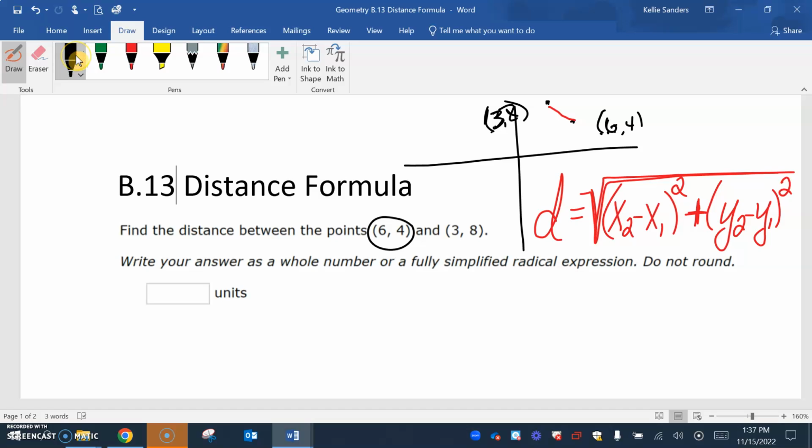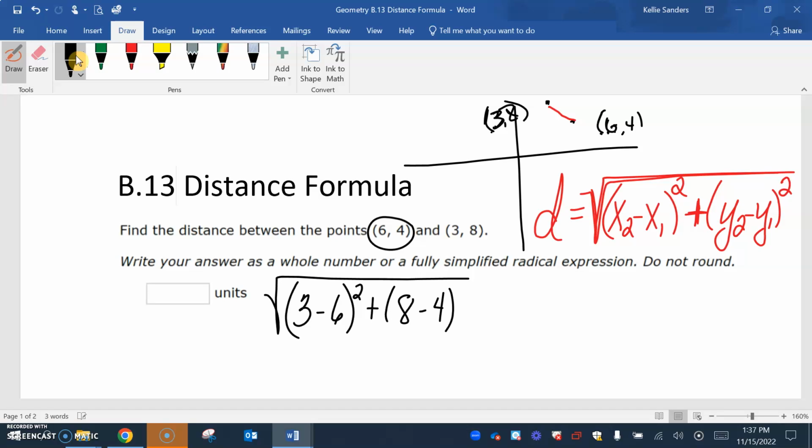Okay? So here we go. x2 minus x1 squared plus y2 minus y1 squared. Now, if you don't care at all about knowing how to add or subtract or square numbers, you can just throw this into one of my calculators or your calculators.